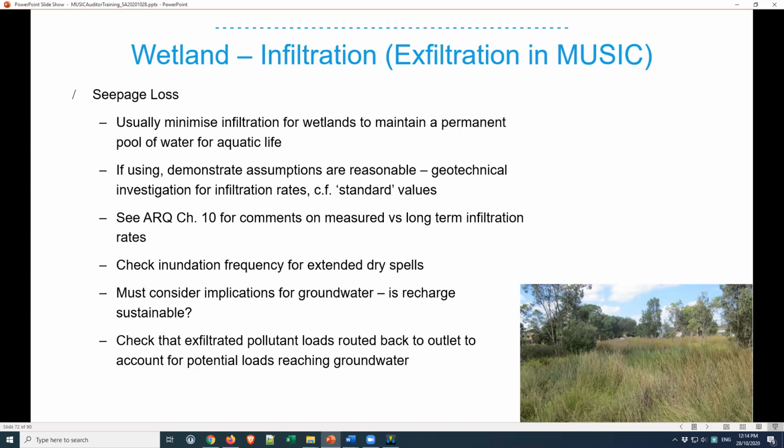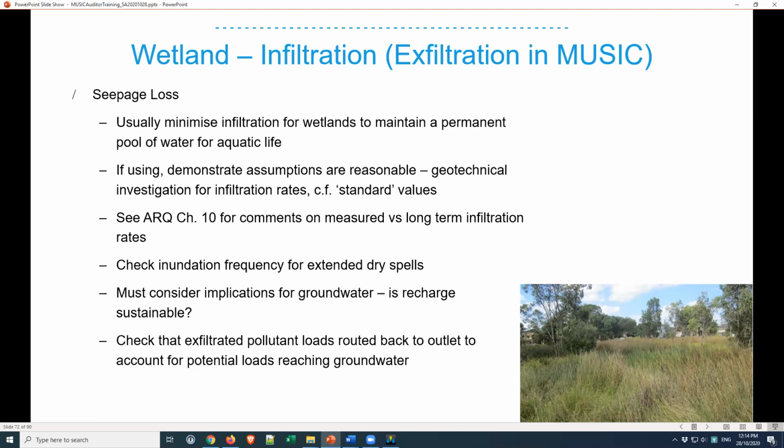That said, you might allow the upper reaches of a wetland to infiltrate as long as you keep your deep pools or your permanent pools intact. If you're just putting a wetland in existing soils, then you might allow for a very small amount of infiltration. You might say these are heavy clays, the infiltration's 0.5 millimeters an hour, something like that.